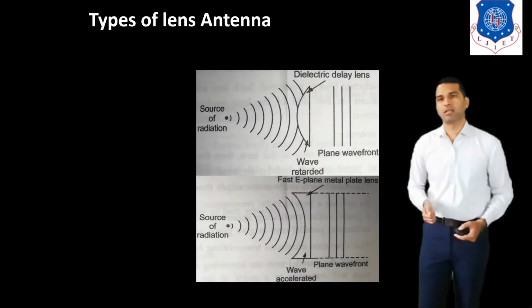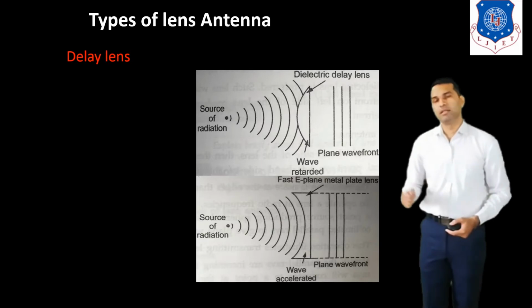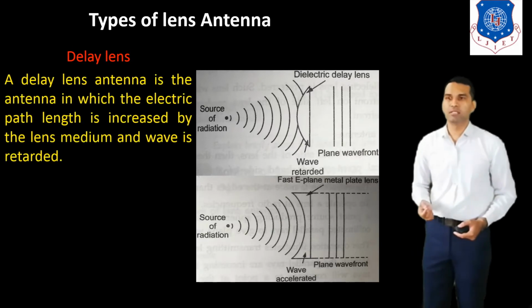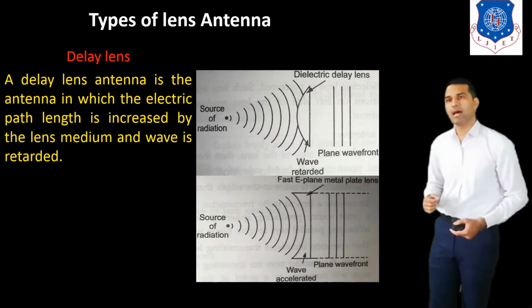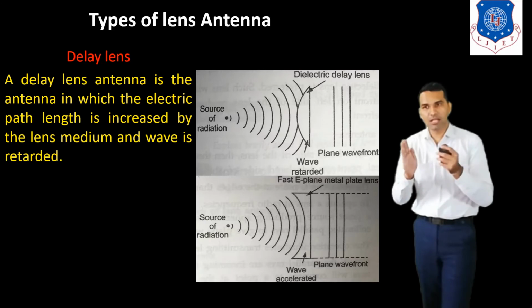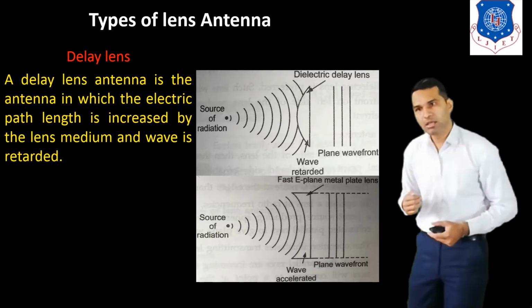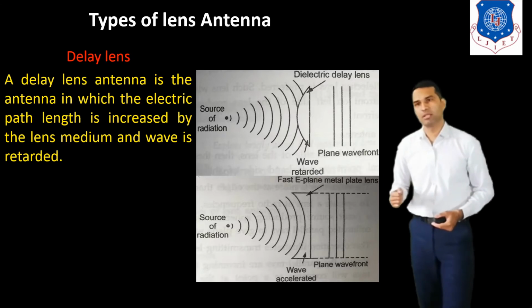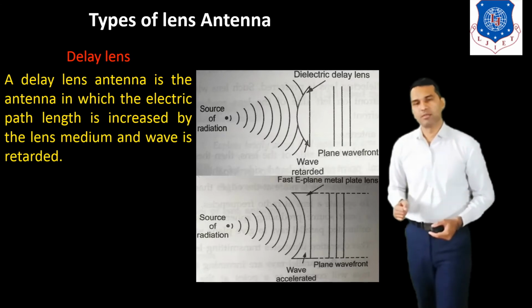Now we discuss another type of lens antenna, the delay lens. What is a delay lens? A delay lens antenna is an antenna in which the electric path length is increased by the lens medium and the wave is retarded.